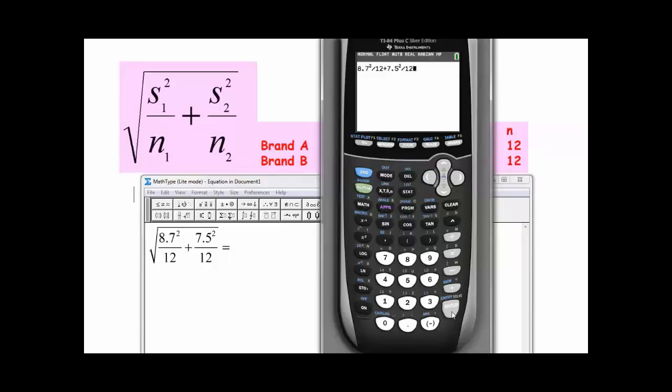This gives me the decimal that's inside the square root. Then I take the square root of that number. If you have the ability to copy and paste, that's usually easier, or you can just copy the decimal down. I get a standard error of about 3.32.